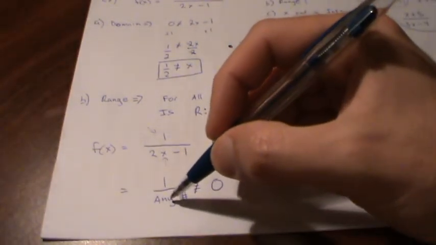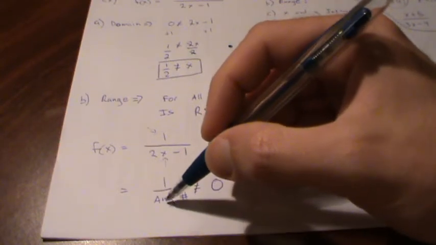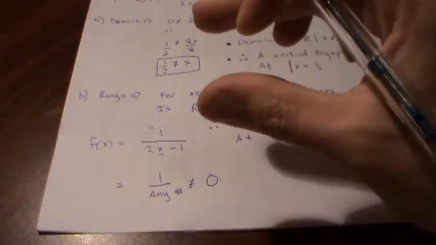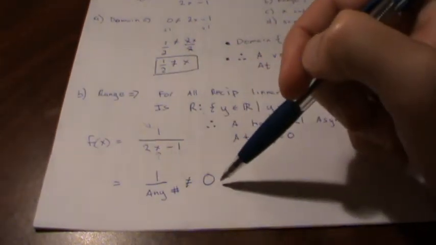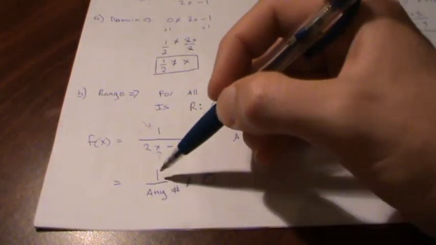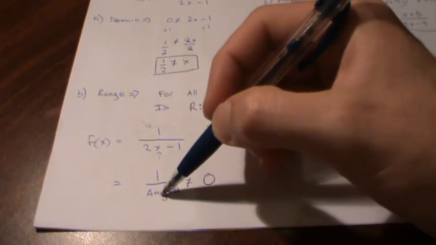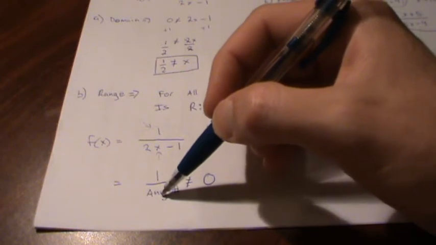If I divide 1 by a really giant number, I'm going to get a really, really small fraction. 1 over a million, for example, 1/1,000,000th. That's a tiny number, but it's definitely not 0. Now, let's say I put in a really small number here. Then it's 1 divided by a very small number, and that is actually a very big number.